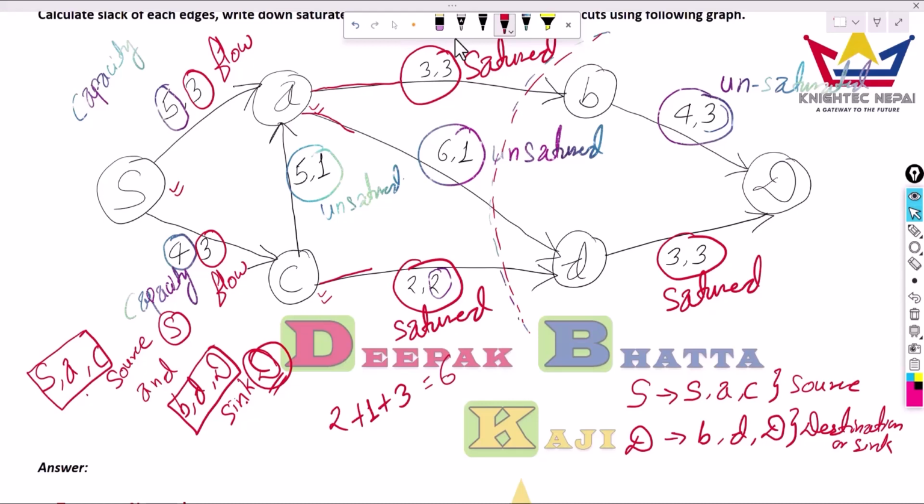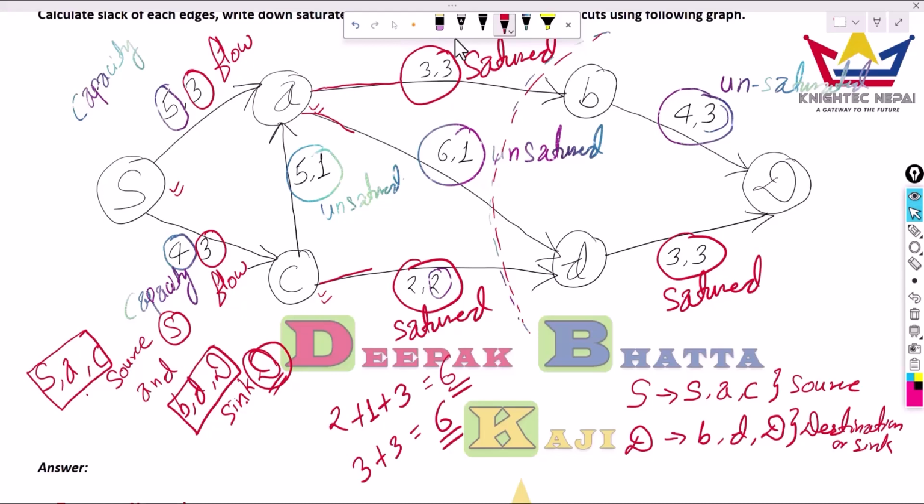Then move on to the destination path. So this is the sink part. Observe the incoming flow. Write down the incoming flow. That means this is incoming and this is incoming. The flow value is 3 and the flow value is 3. So 3 plus 3 will also be 6. So this 6 must be equal to 6.